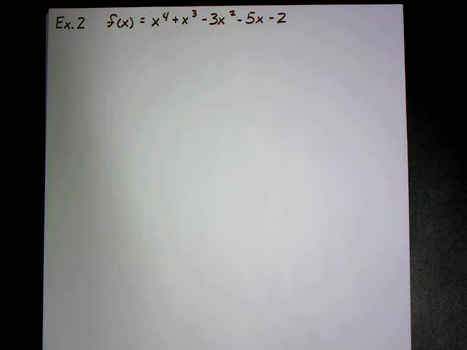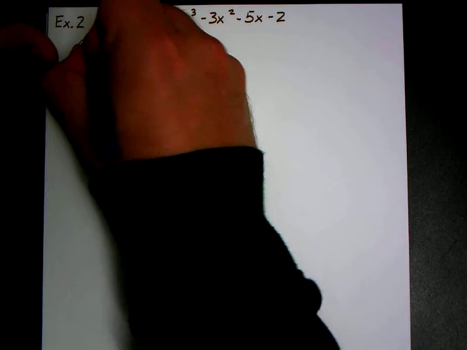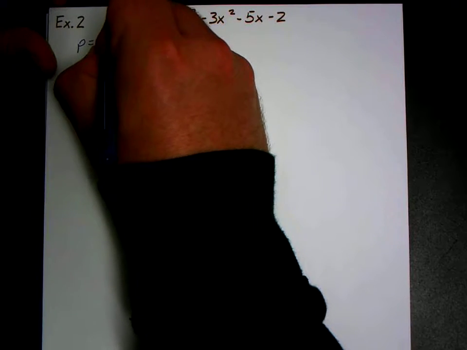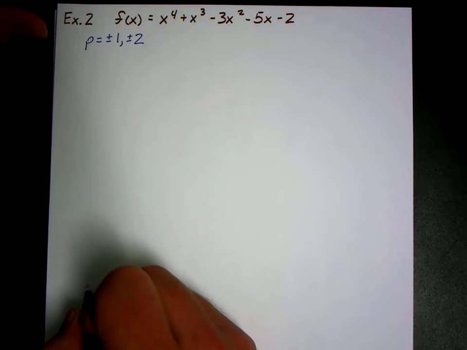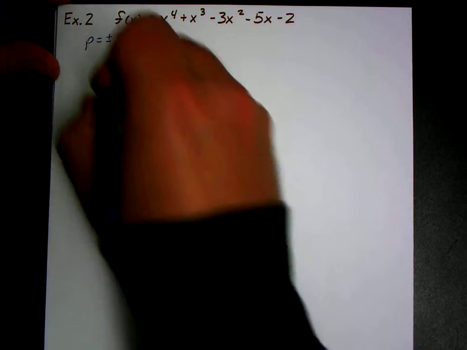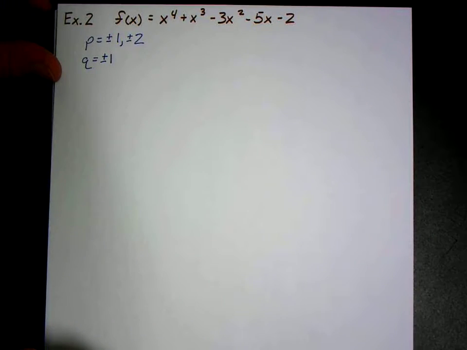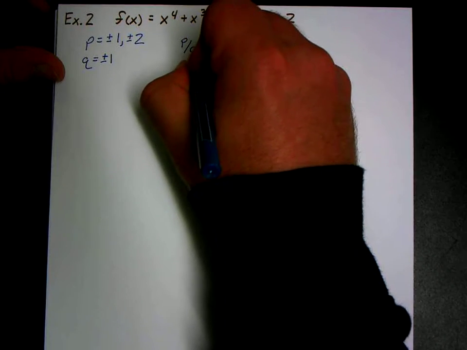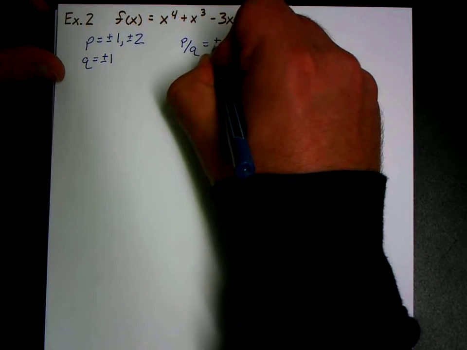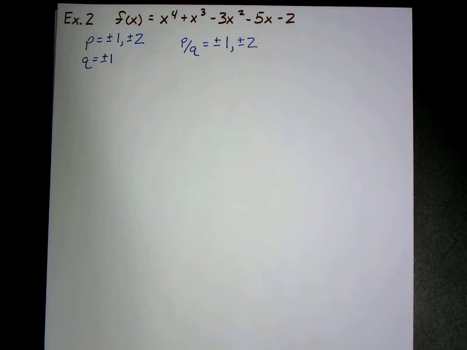Okay, I made this one so it didn't have a whole lot of choices. So P would be 1 or 2, right? Plus or minus 1, plus or minus 2. Q would be plus or minus 1. So again, since Q is just 1, that means those are our choices.